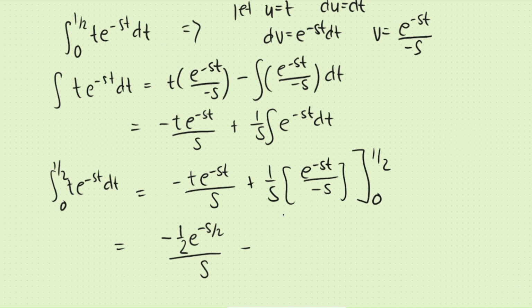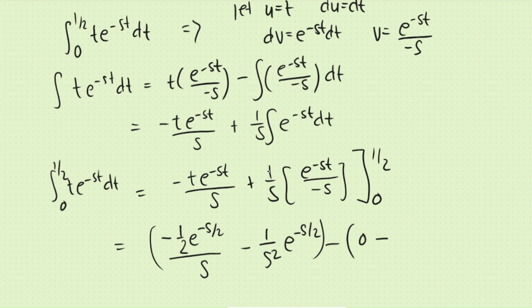S times negative s is minus s squared, right? So 1 over s squared, e to the negative s over 2. Okay? Minus, let's go. When t is 0, because we plug in 0 here in our t value, this part here would be 0 as well.